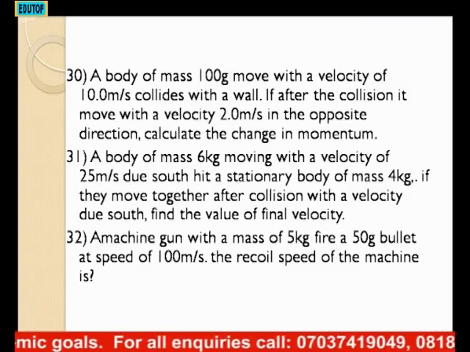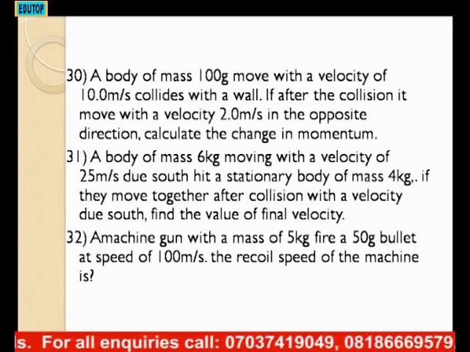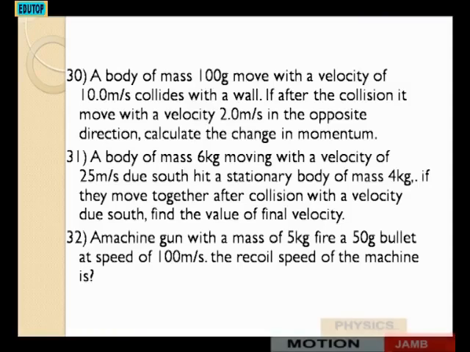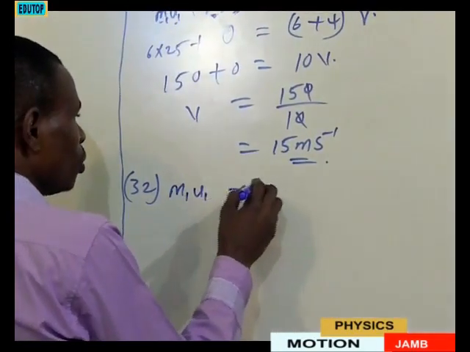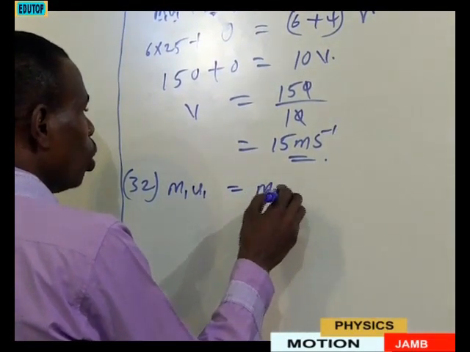Question number 32. The question says a machine gun with a mass of 5 kg fires a 50-gram bullet at a speed of 100 meters per second. The recoil speed of the gun is, in this case, we are going to have M1 U1 equal to M2.